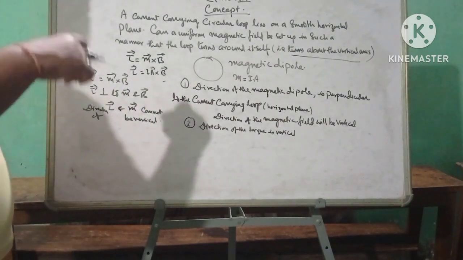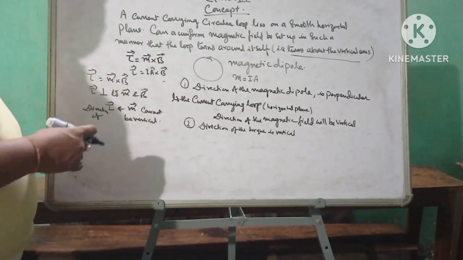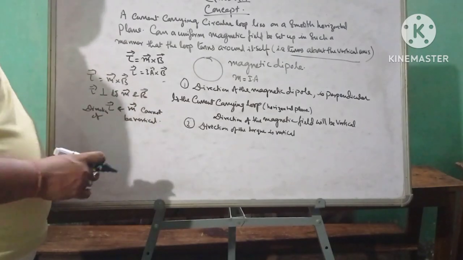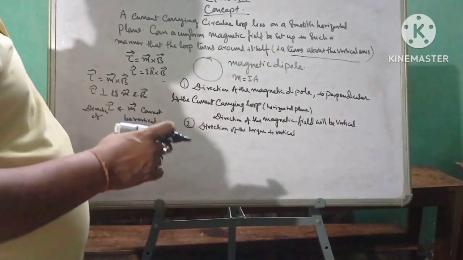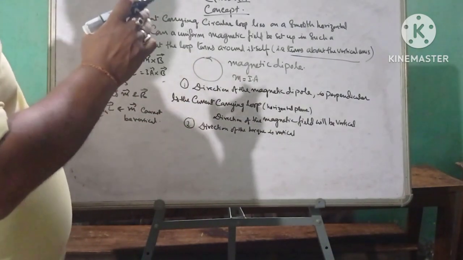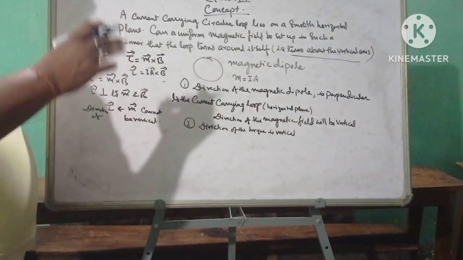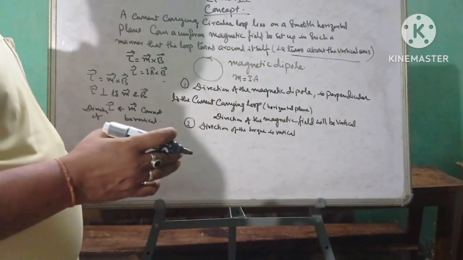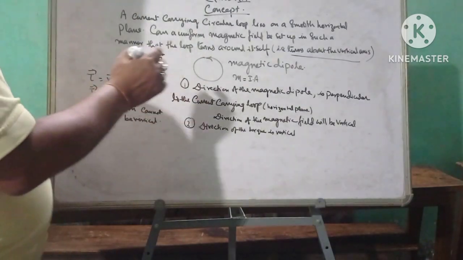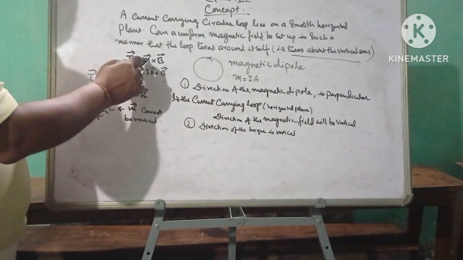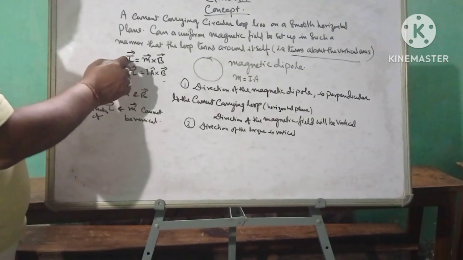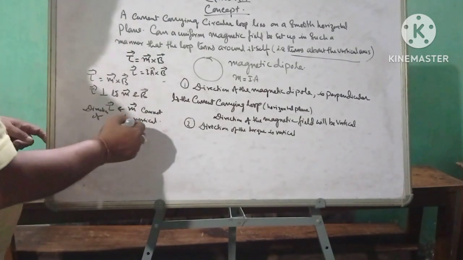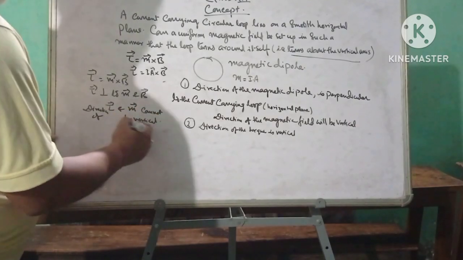To rotate the loop about the vertical axis, the torque must be vertical, and at the same time the magnetic dipole is also vertical. But torque is perpendicular to both m and B, so this is impossible.